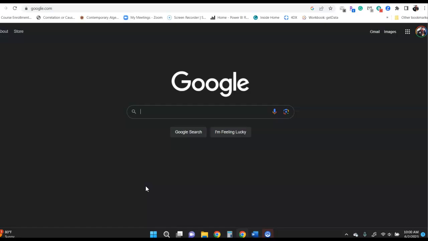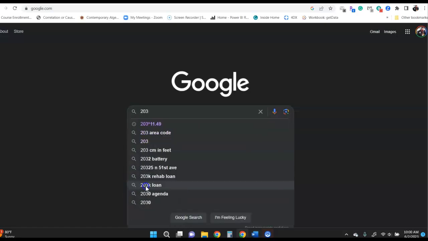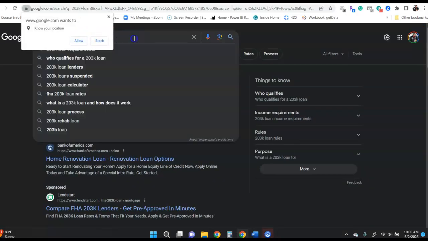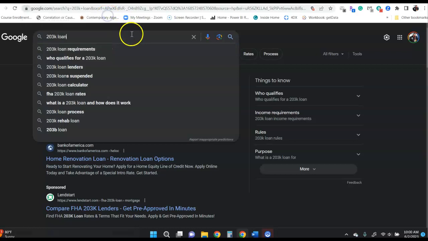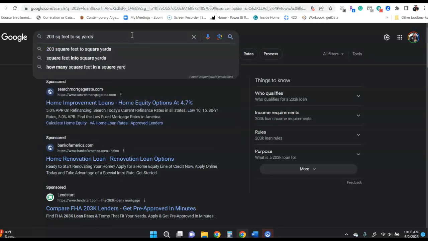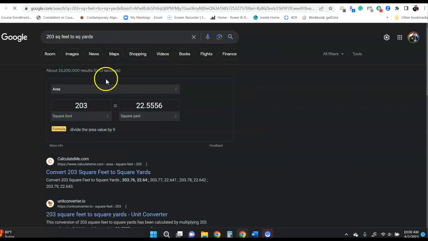We just go to Google and type in 203 square feet to square yards. The nice thing about Googling here is that it tells you how you can do this: divide the area value by 9. But it gives us the answer right away.